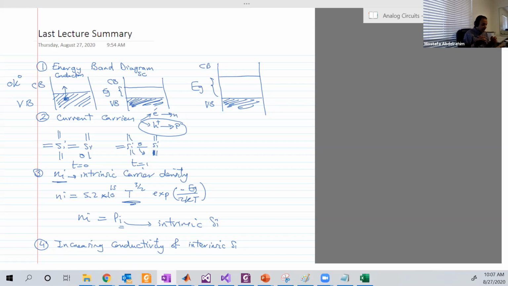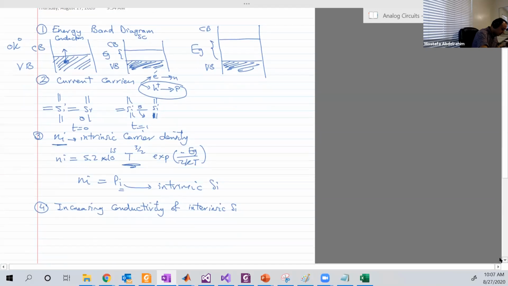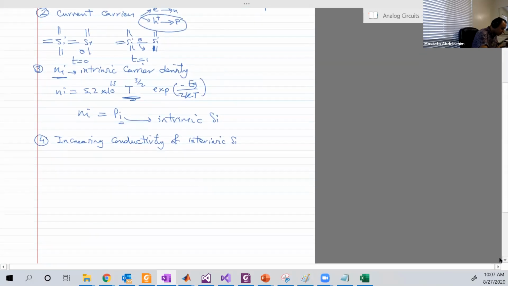In our context here, this means a silicon without any dopant atoms, like phosphorus. The last thing that we talked about is the doping, which we will start with in this lecture.